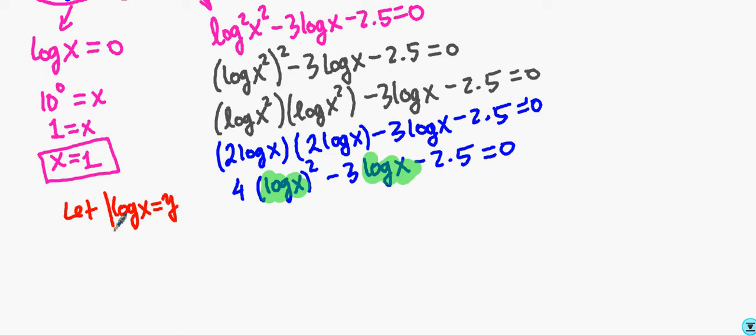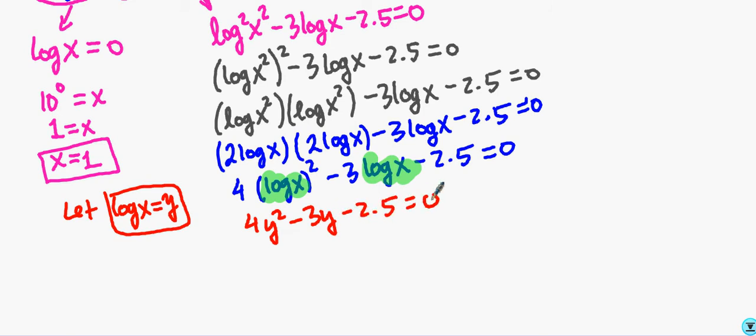So instead of writing log x, I can say 4y squared minus 3y minus 2.5 equals 0. Now here we have a quadratic equation. So we can solve this many ways, but let's do the formula so we could practice a little bit more.